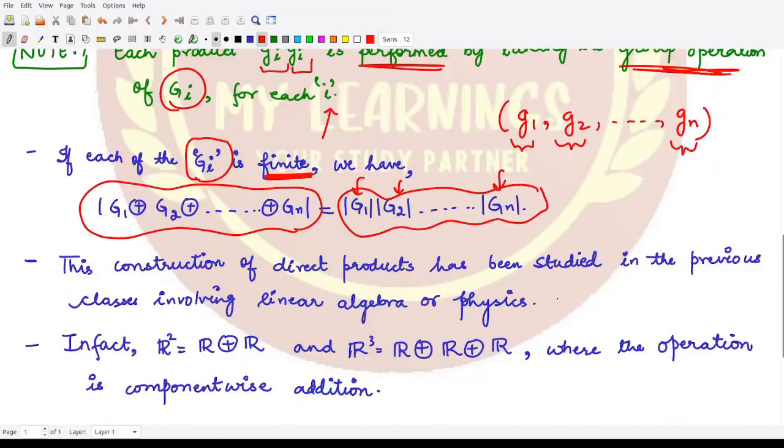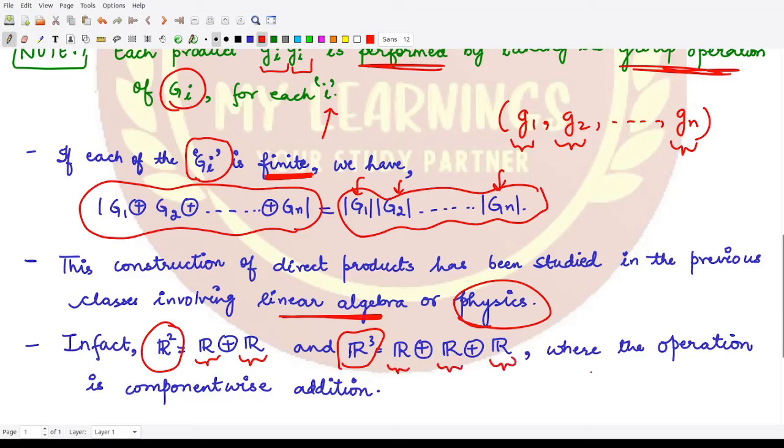In fact, this construction of direct products has been studied by us in previous classes. In linear algebra you might have studied the algebra of such kind, and in physics you might have dealt with vectors of such kind. The R2 plane can be represented as the direct product of the real line with the real line, and the three-dimensional space is nothing but the external direct product of the real line with the real line with the real line. In each of these cases the group operation is component wise addition.